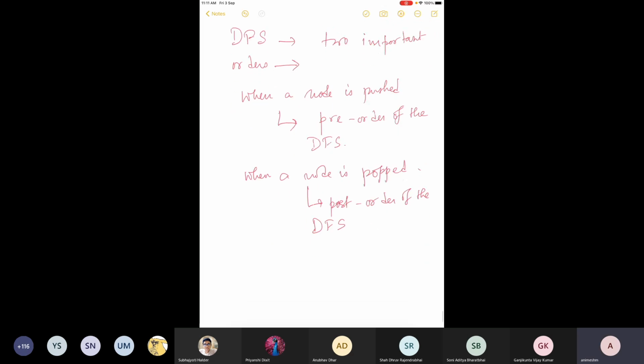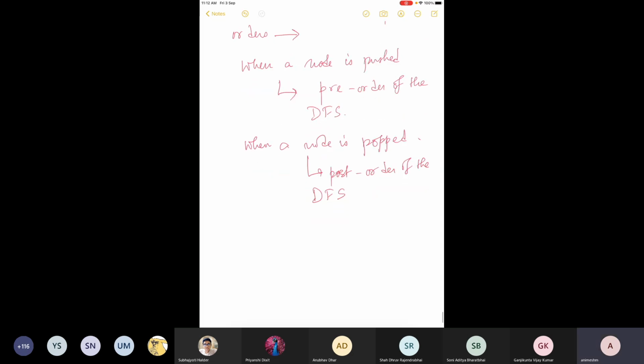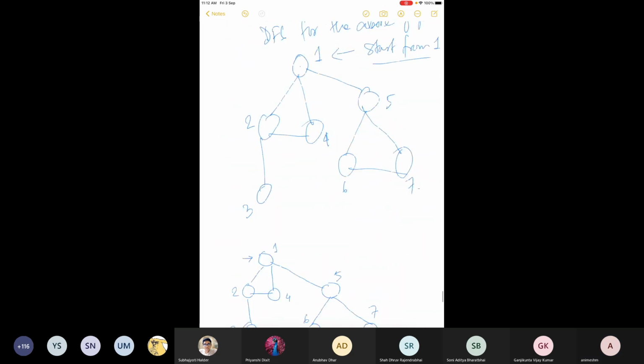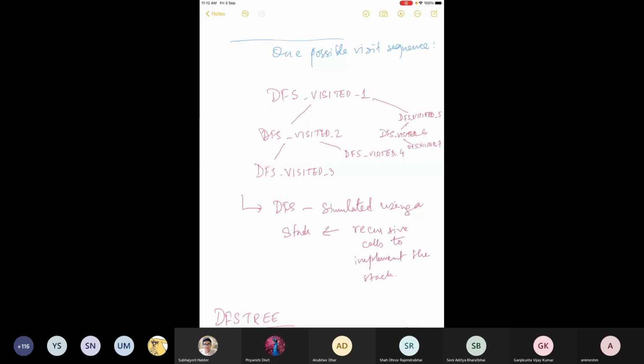Now quickly tell me the pre-order and the post-order of the visit sequence tree that I have just now drawn for that graph.